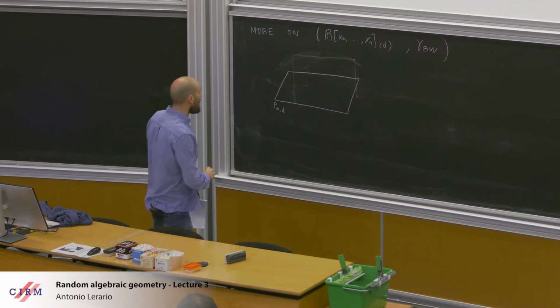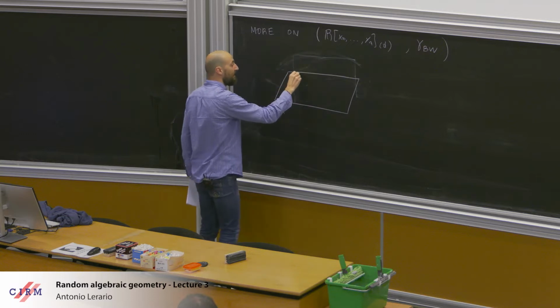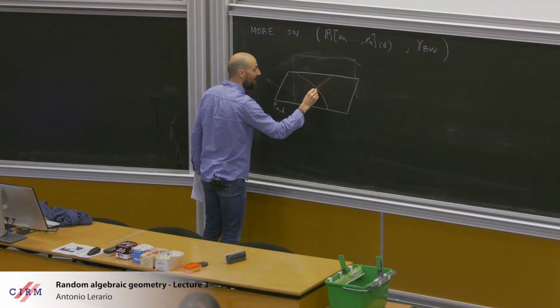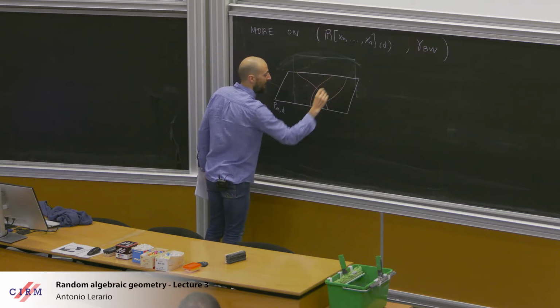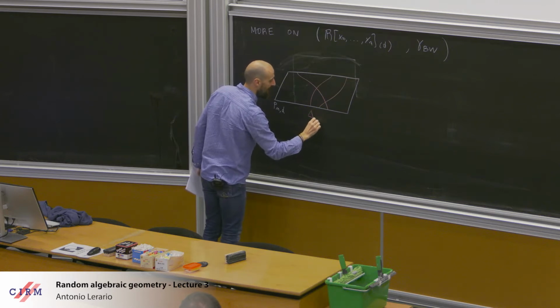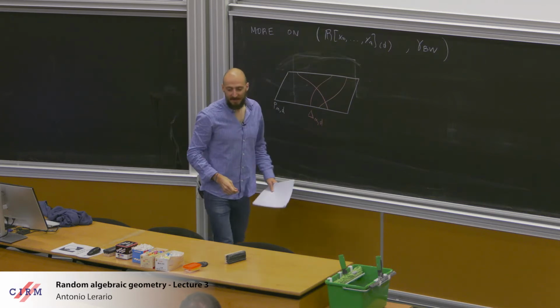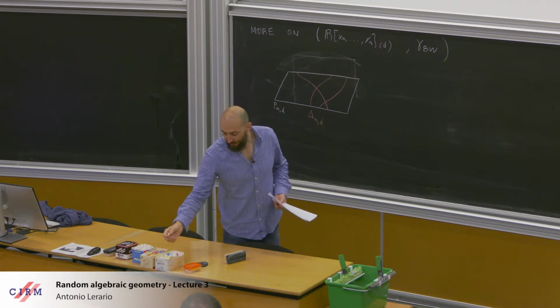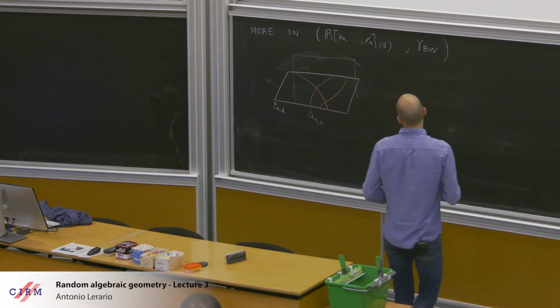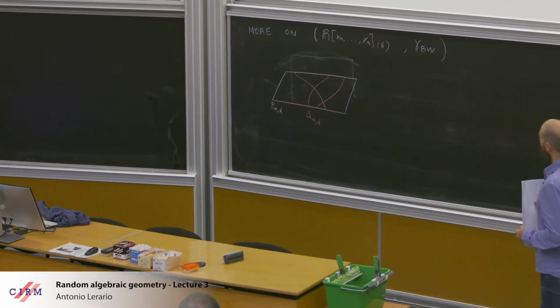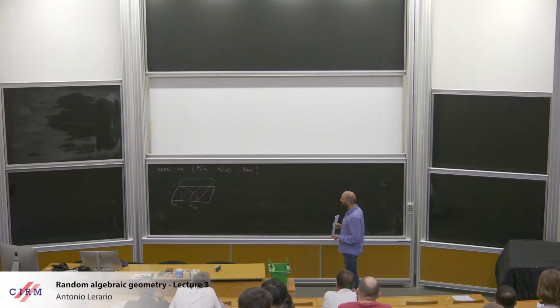Inside this space you have the discriminant, which I call Δ_{n,d}, which consists of the hypersurfaces which have a point which is singular over the reals.